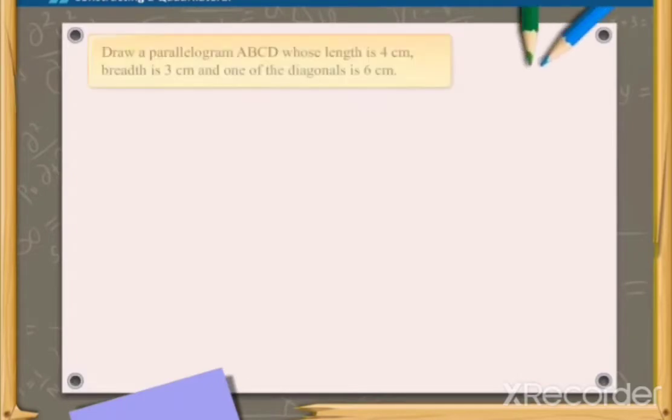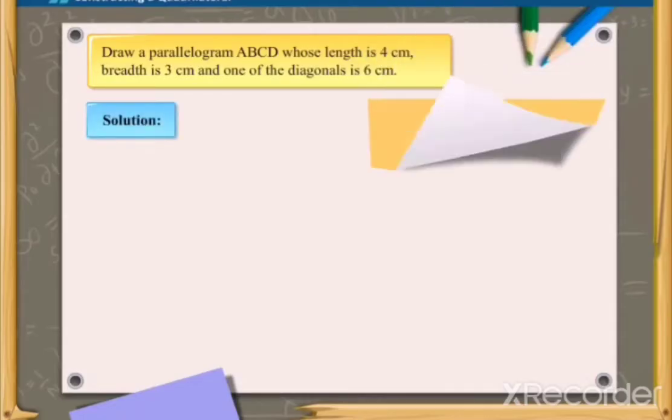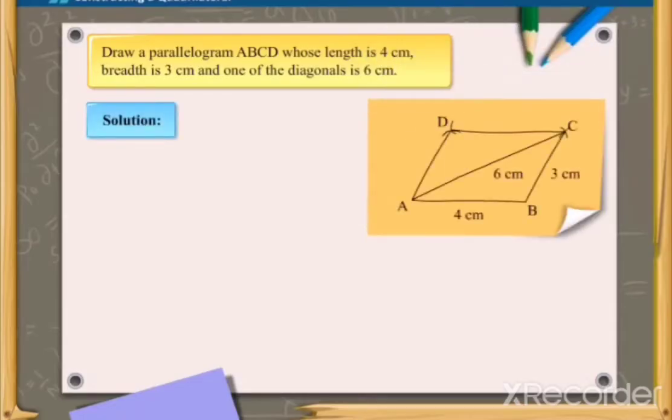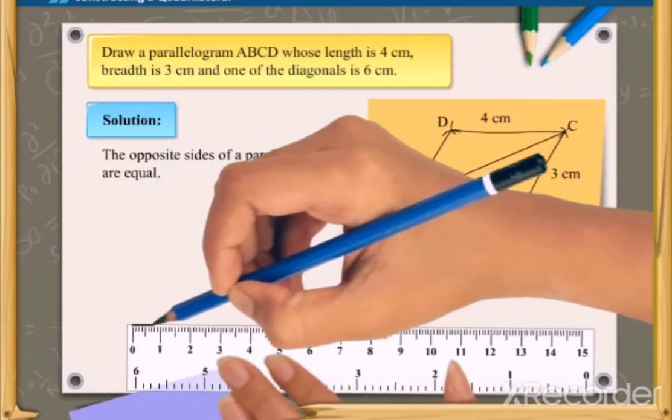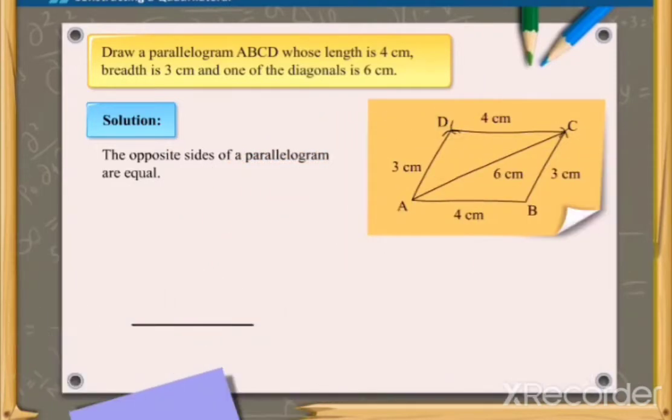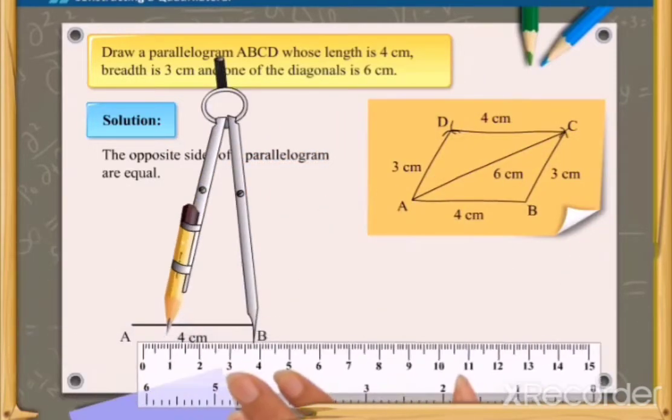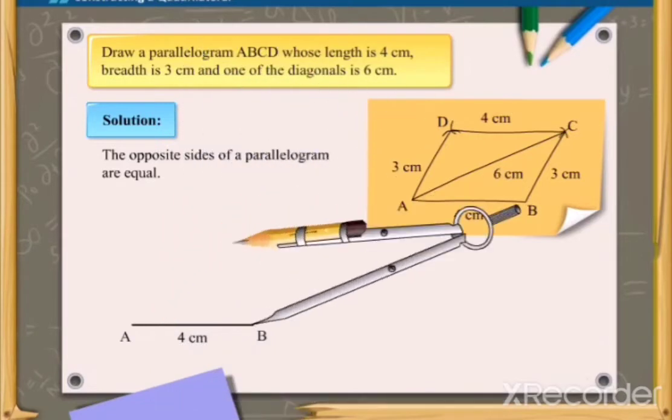Look at this example. First, let's draw a rough sketch. Since the opposite sides of a parallelogram are equal, now, to draw the parallelogram, first draw a triangle formed by the diagonal, 1 length and 1 breadth.